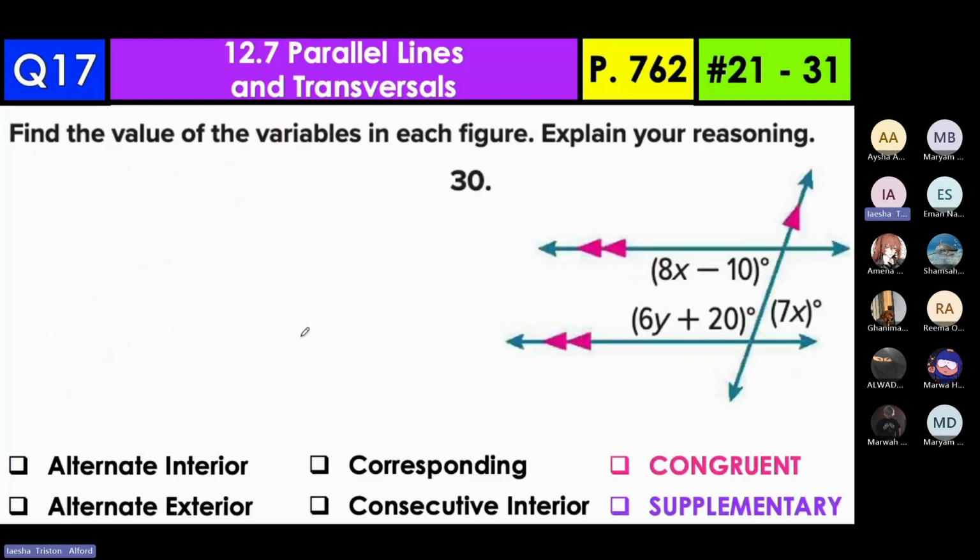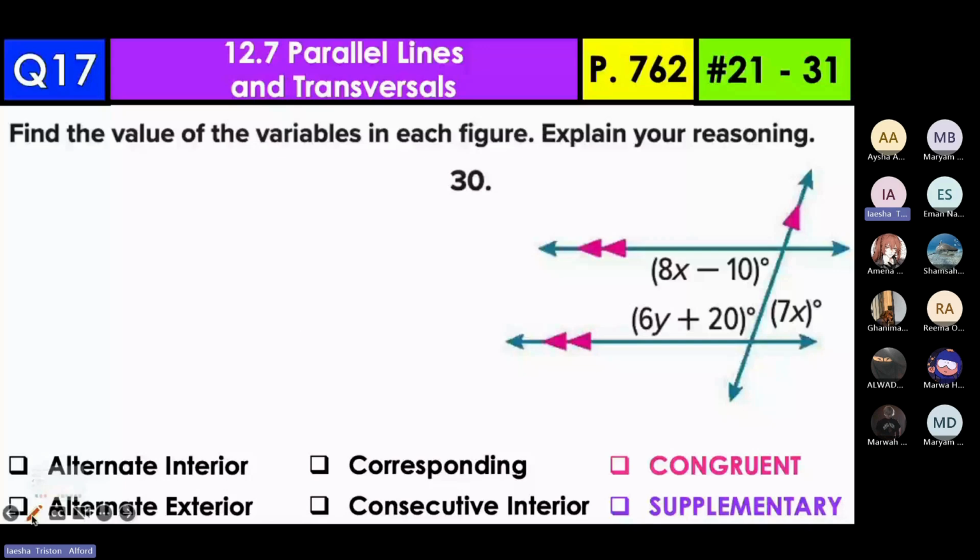This is question number 30. They want us to find the value of the variables. We have to find what number is x and what number is y. What do you think is the best variable to start with? The x or the y? x. Why the x? Because you have two of them, right?